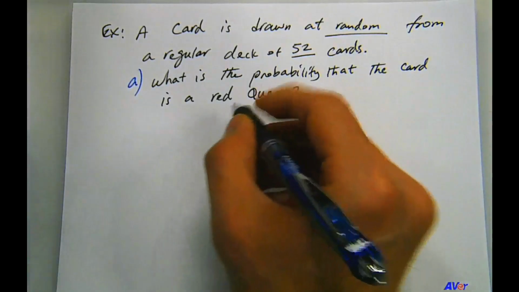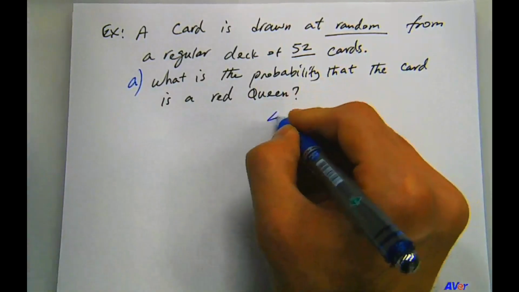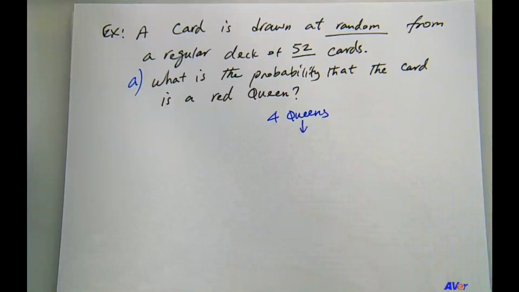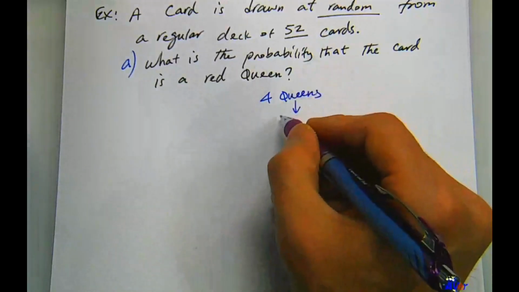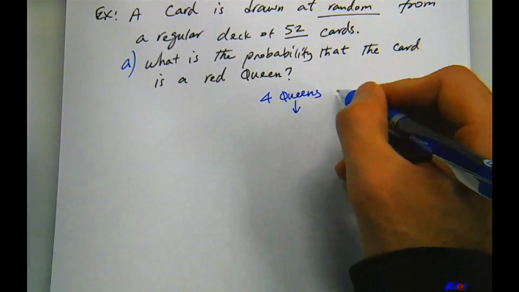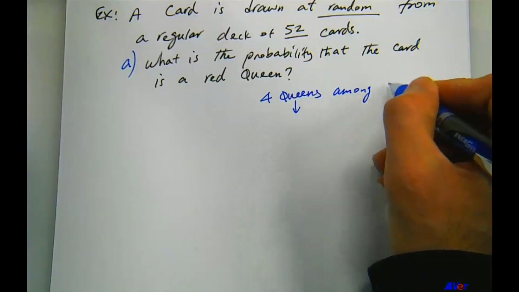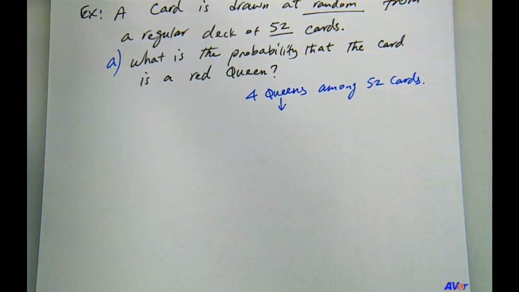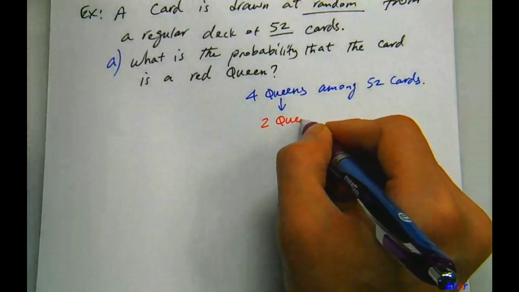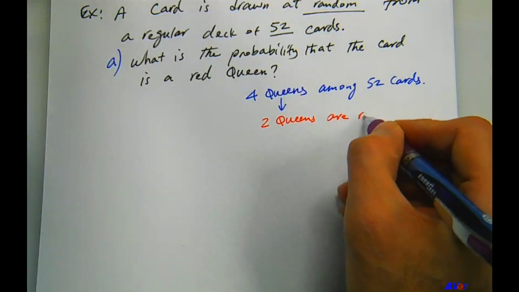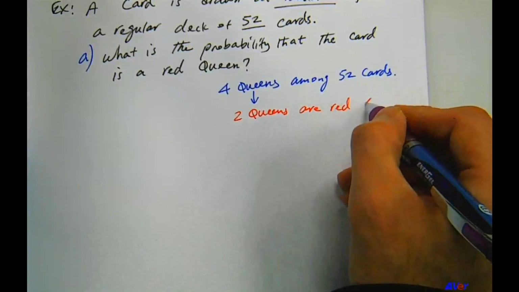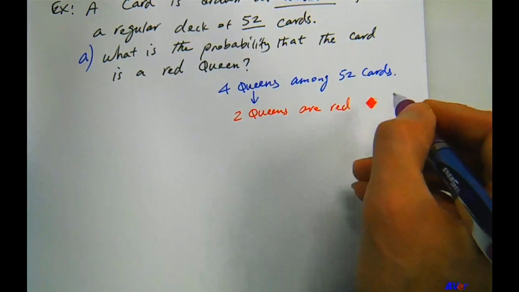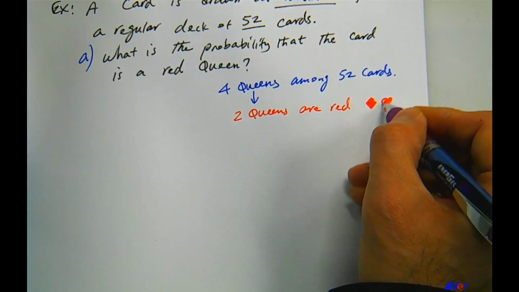So 4 queens, and we have 4 queens among 52 cards. Right? And out of these, 2 queens are red, right? The queen of diamond is red, as you know, and also the queen of heart, which is red.